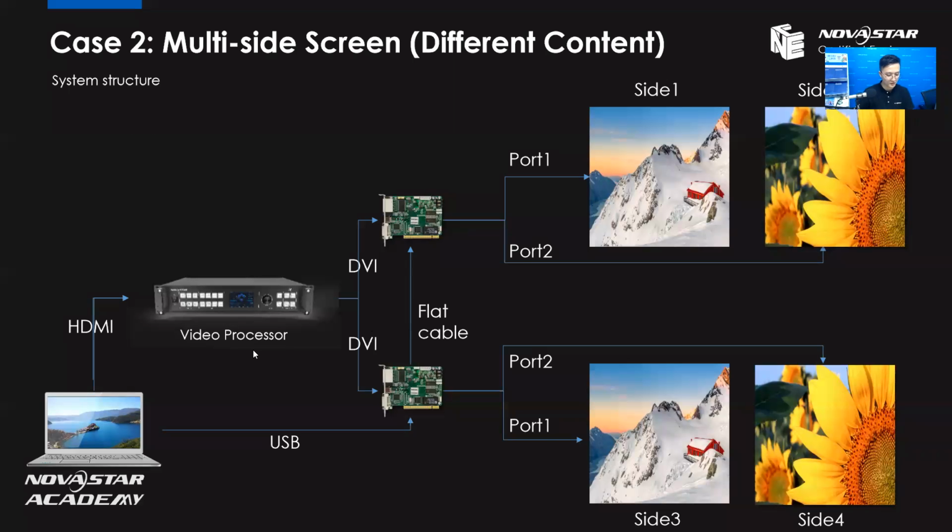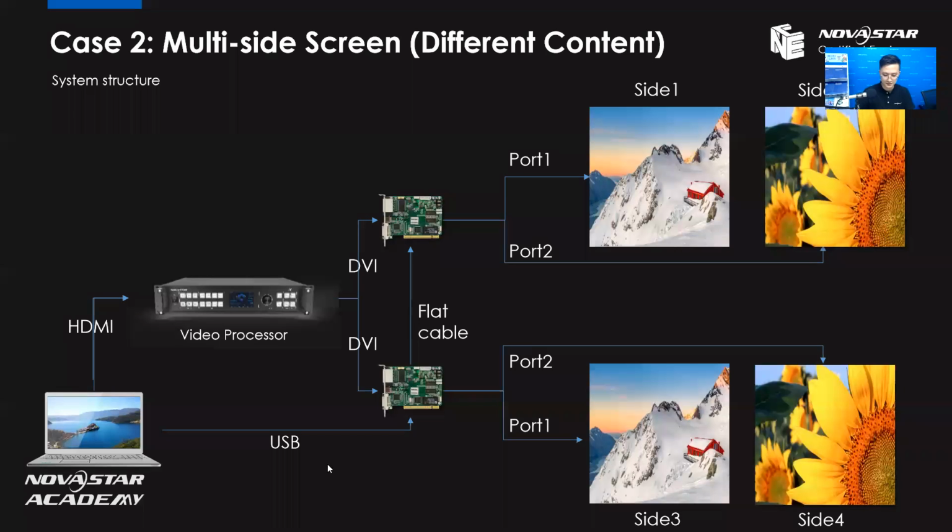From the video processor, we give 2 DVI outputs to the sending cards, one for each sending card. And each sending card drives 2 sets of screens. Port 1 drives set 1, and port 2 drives set 2. And on the other sending card, port 1 drives set 3, and port 2 drives set 4.